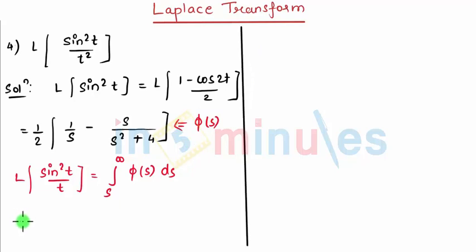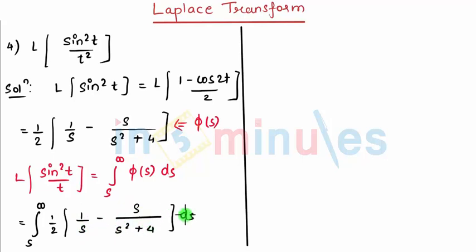Now I'll be writing integral from s to infinity of 1 by 2 times 1 by s minus s divided by s square plus 4 ds, which gives me 1 by 2, integration of 1 upon s is log s, minus, here we need to do the adjustment of 2 and 2 as we did previously in the same way.